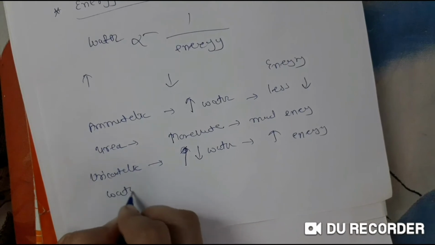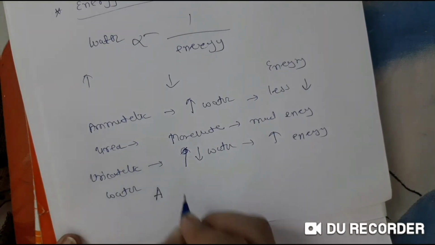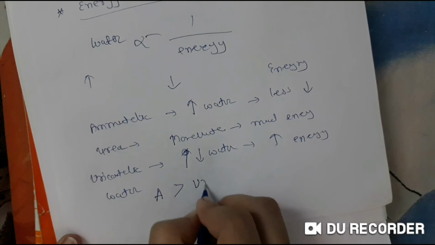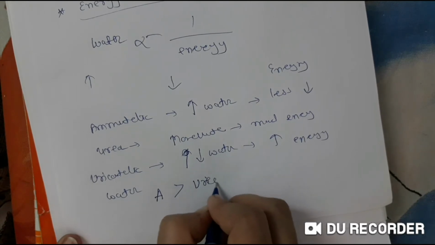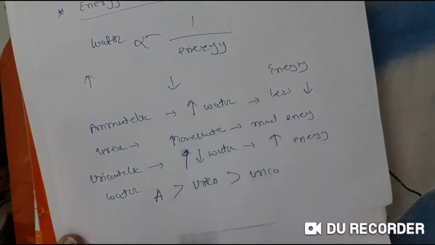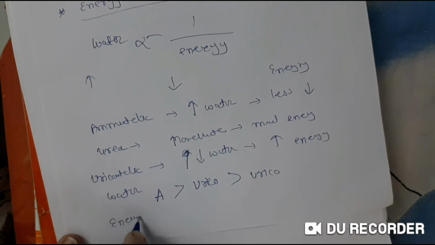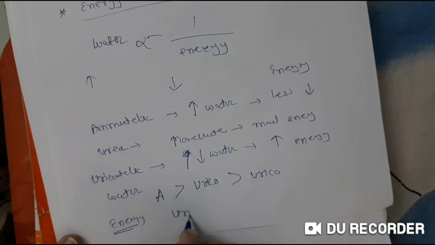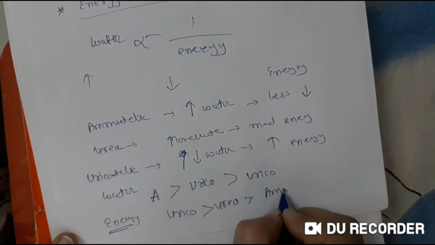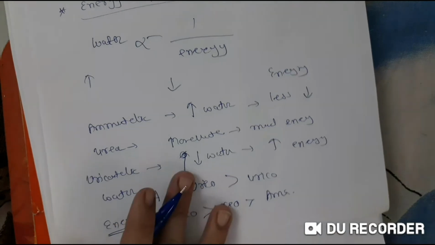See, for the water requirement, ammonotelic needs large water, ureotelic less water, and uricotelic least water. And for the energy requirement it is the opposite: uricotelic requires large energy, ureotelic moderate, and ammonotelic very less energy.